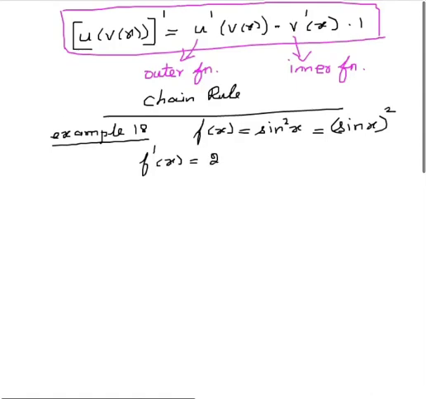The power has to be differentiated first using the n into x power n minus 1 formula. So it becomes 2 (sin x) raised to 2 minus 1, and 2 minus 1 is 1. Into the next level, the base has to be differentiated, which is the differential of sin x, cos x. So 2 sin x cos x becomes sin 2x.